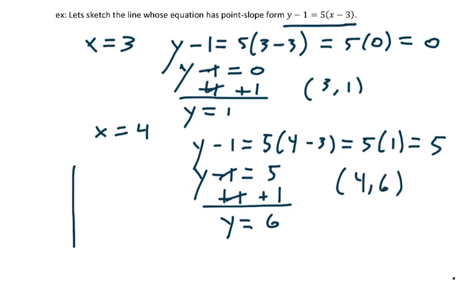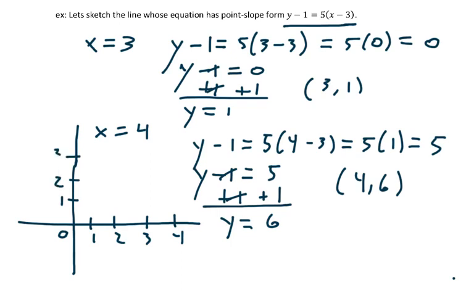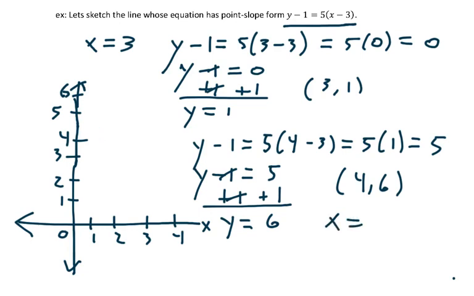So now let's sketch that. I know I don't have much room here, so bear with me. 0, here's 1, here's 2, 3, and 4. See if I can make this work. 1, 2, 3, 4. This is our x. 5, 6. Okay. So now just to make it easier, let me take this x equals 4, I'm going to move it over here.